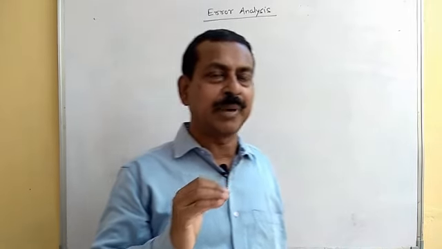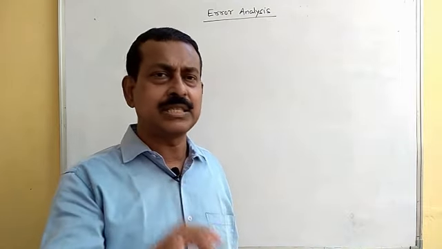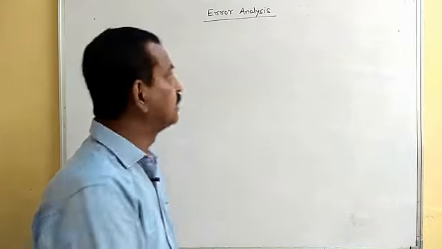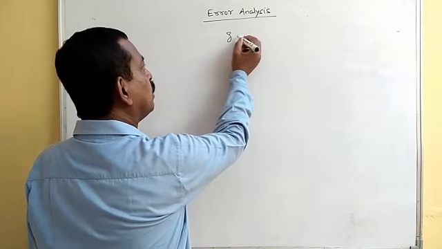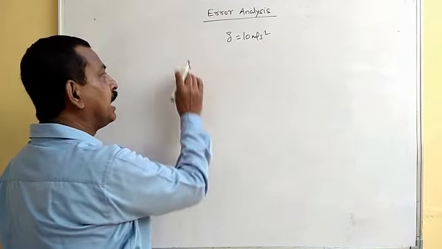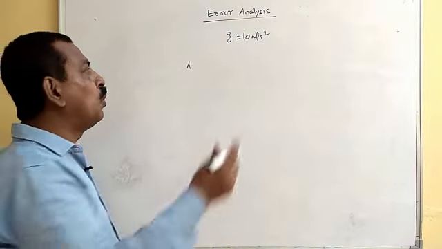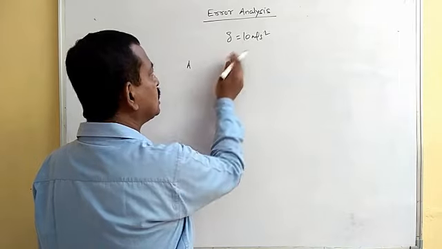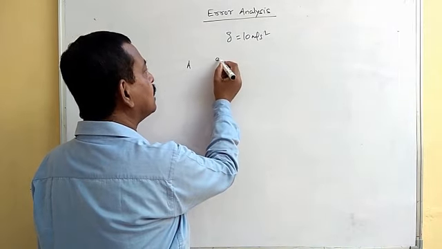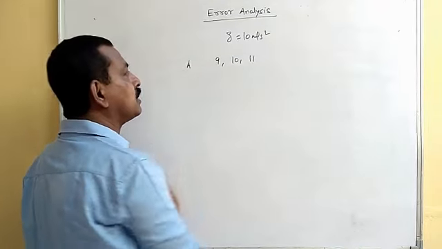Suppose at the particular place where they are performing the experiment, the acceleration due to gravity is 10. So we are taking the value of g as 10 meter per second square. A is one student who has got the results as 9, 10, 11.